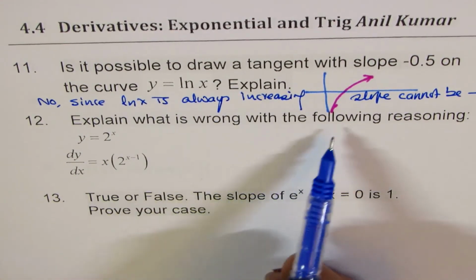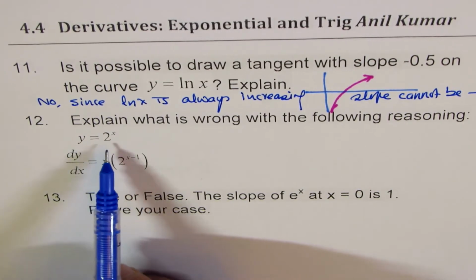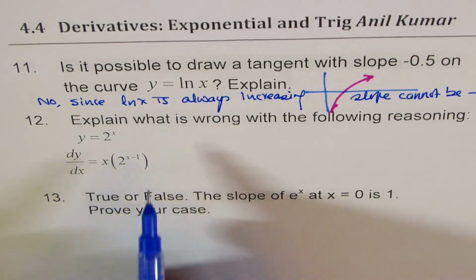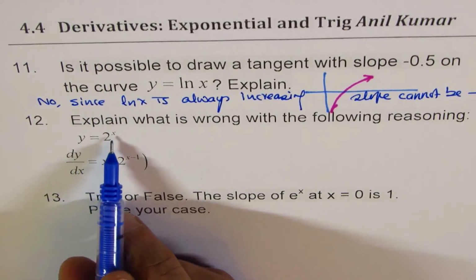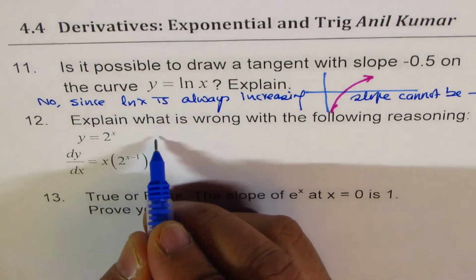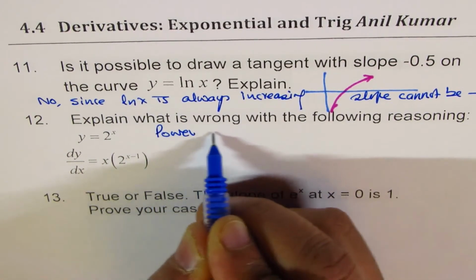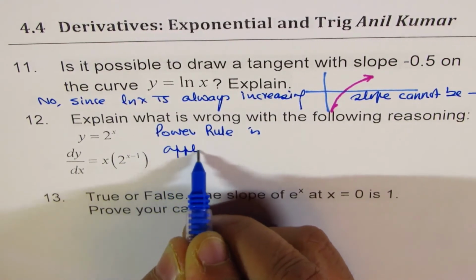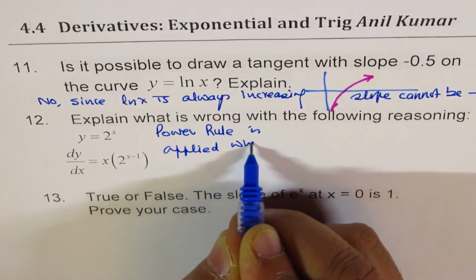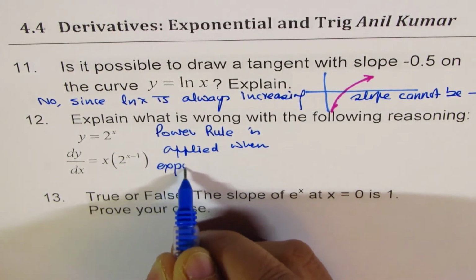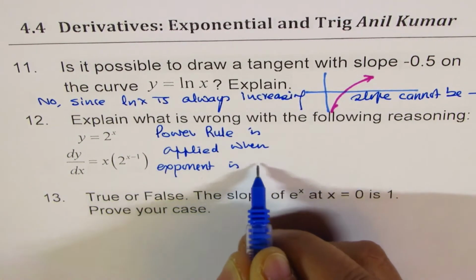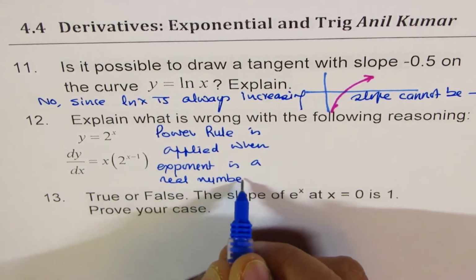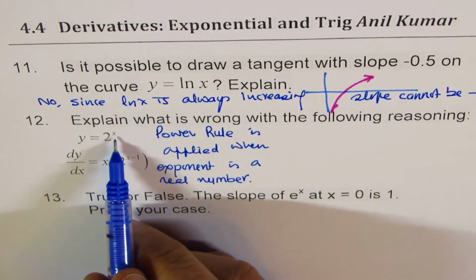12. Explain what is wrong with the following reasoning. y equals 2 to the power of x, dy dx is x times 2 to the power of x minus 1. Well, we cannot apply the power rule when the exponent is x, right? So the power rule is applied when the exponent is a real number, not when it is a variable.